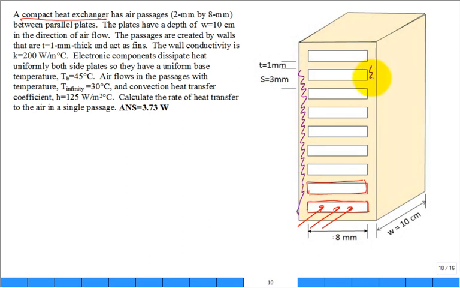And they have heat source on this side to keep it all at the constant base temperature. So it's symmetrical. Symmetrical about this symmetry line cut right there. Symmetry line. So the question would be, what is the rate of heat transfer from the hot surface to the air in one of those passages?